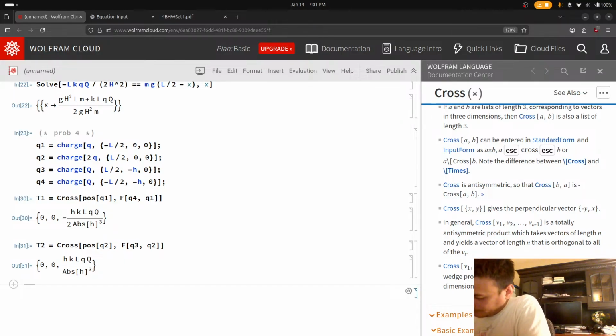Okay, since we take torque equal to R cross F, where R is referenced to the pivot origin, then R is 0, so this is 0.